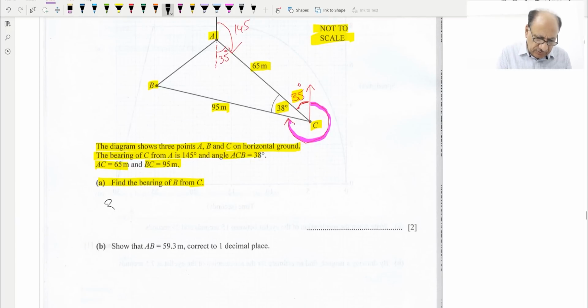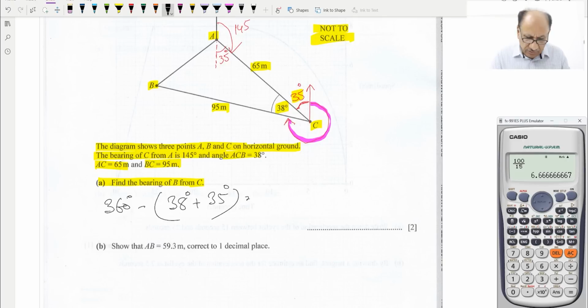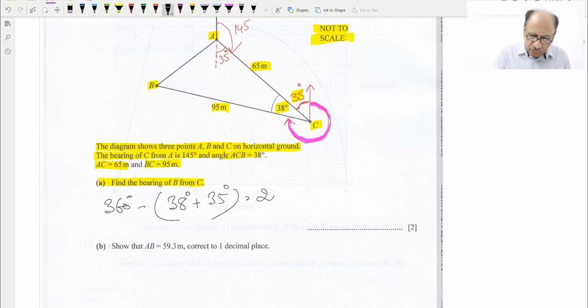So 360 minus 38 plus 35 is equal to 287. So 287 will be our final answer for 2 marks.